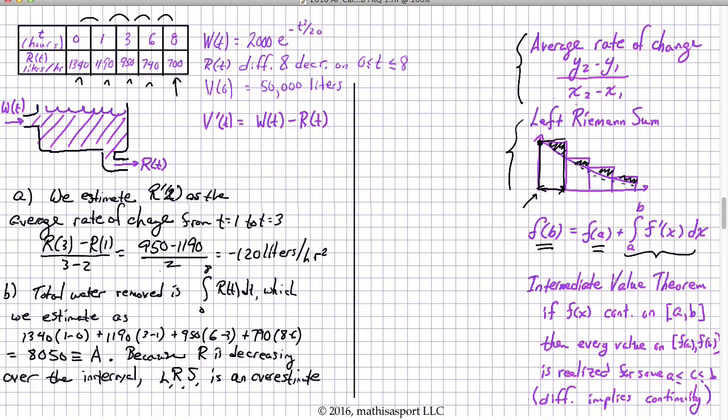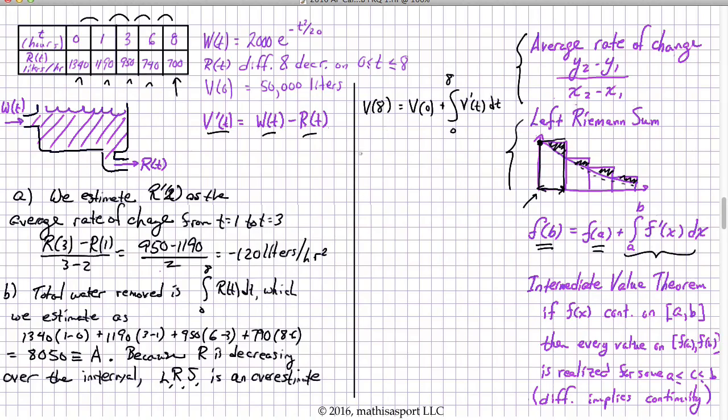So let's write that out. We have the volume at 8 equals the volume at 0 plus the integral from 0 to 8 of v prime of t dt, where we recall that v prime is made up of w minus r.